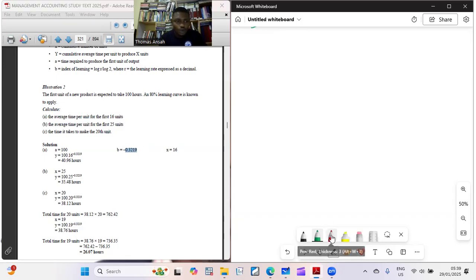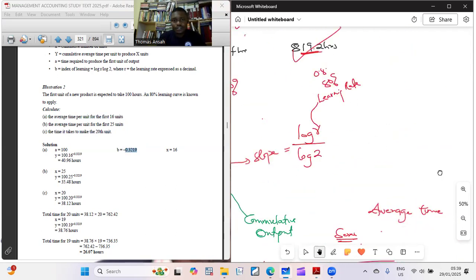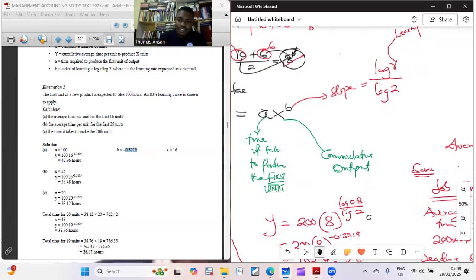If you know your formula, y is equal to a x to the power b. In this case, y is the first unit, which is 100. And what was x? You remember x? X here, we showed you, is the cumulative output. So they are telling you to talk about the 16 units.